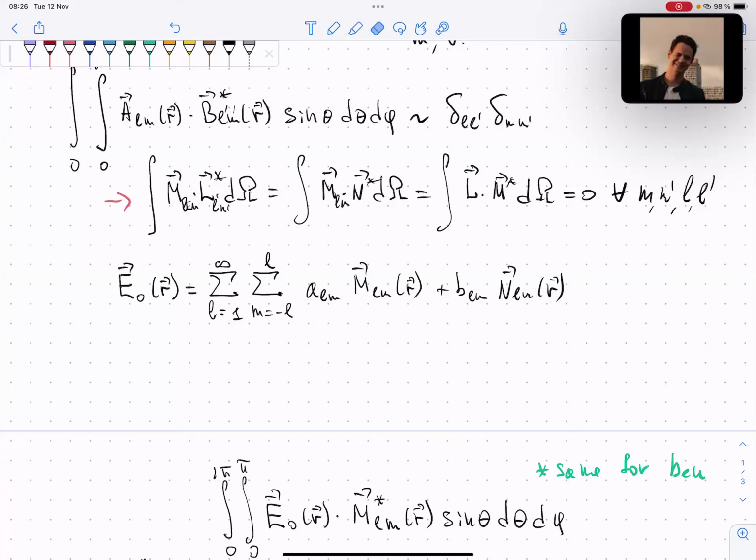But here we have vectorial functions. So in order to expand any vectorial function, we should have this orthogonality of basis functions in L2 space, and also in the usual three-dimensional space, like X, Y, and Z, and so forth.